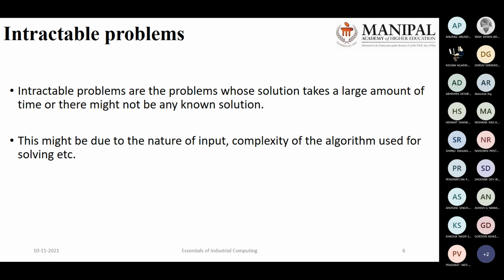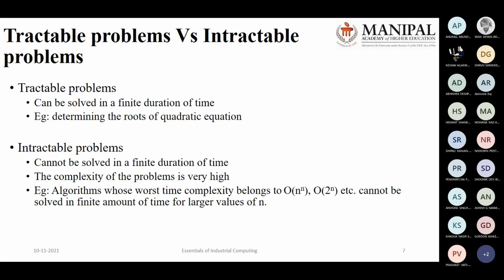Complexity may be in terms of time or space. Also, if the input provided is too large, your algorithm might not work properly. So in this chapter, the purpose is to study such intractable problems.